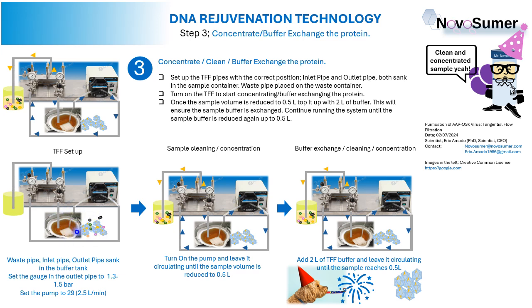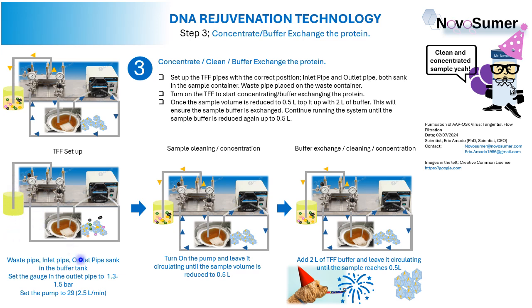So what we do in this step is placing this pipe, the inlet pipe, and the outlet pipe in the sample. Okay, that is the closed circuit, as I told you. And the other pipe, the waste pipe, will be connected to the waste container.